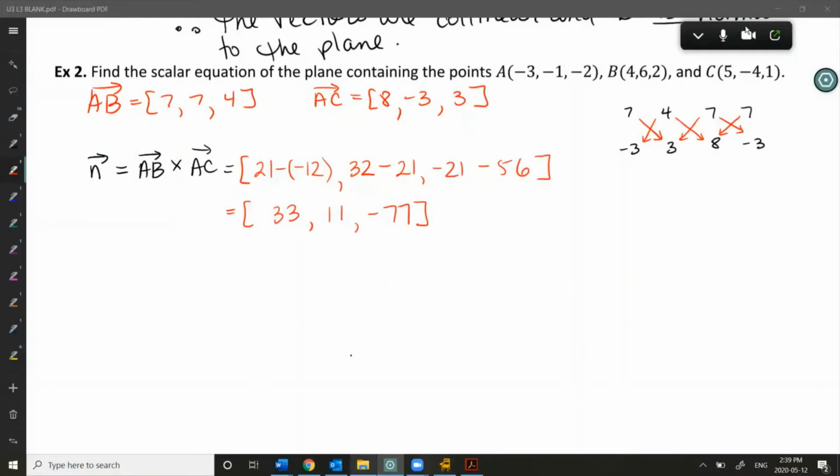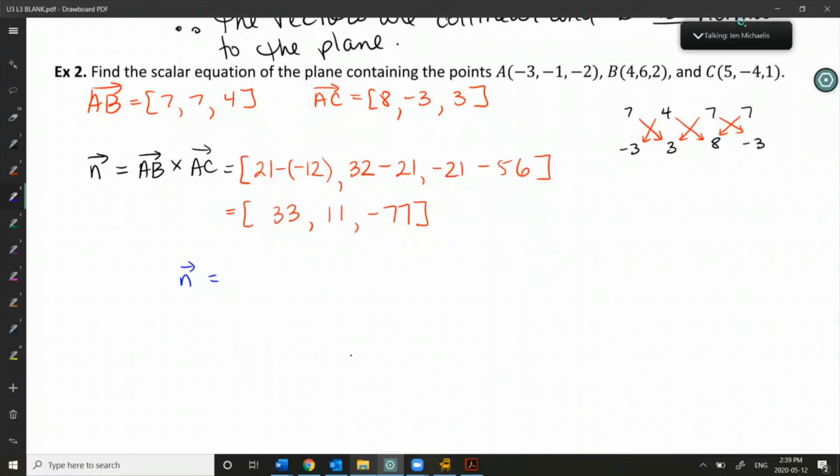Now, what we like to do with normals is express them in simplest terms. What I mean by that is if you can see that your x, y, and z components of this vector can be divisible by the same amount, we typically do that, and we'll always aim to have x as a positive.